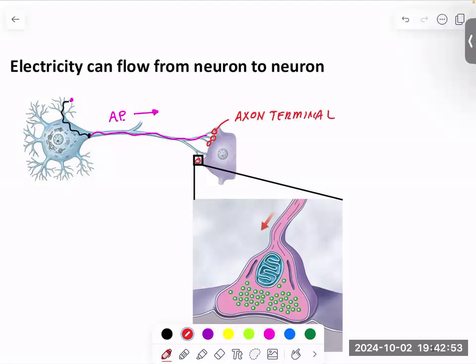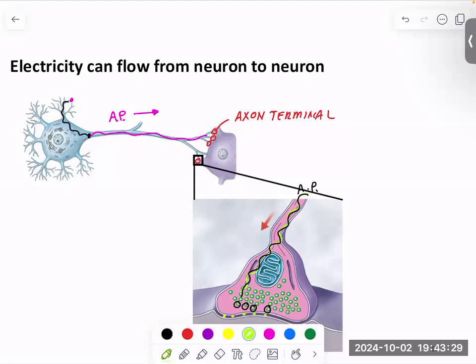Here's what's happening at the axon terminal. For starters, the action potential moves through. That in green is showing an action potential signal moving through the neuron. It gets to that region, the axon terminal of the neuron, at which point it's going to recruit these vesicles, and these vesicles are going to release their chemical signals into this space.